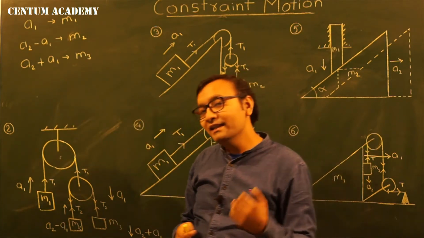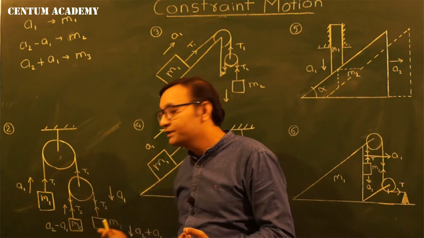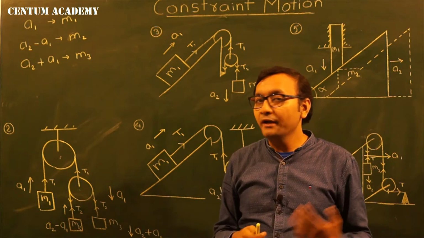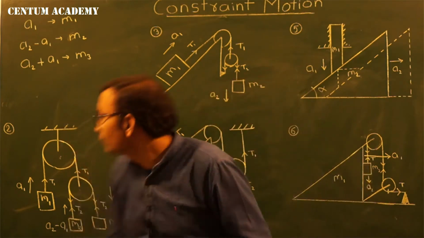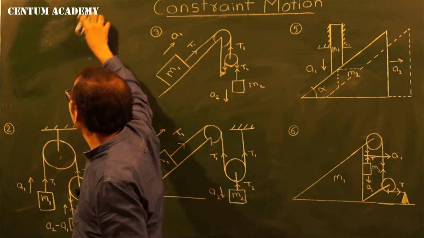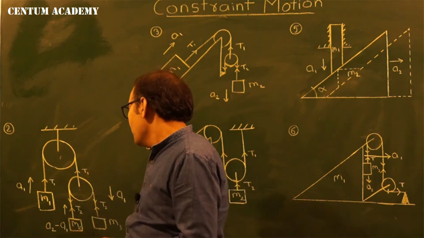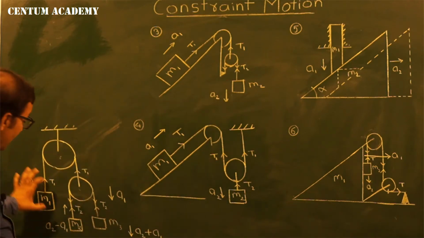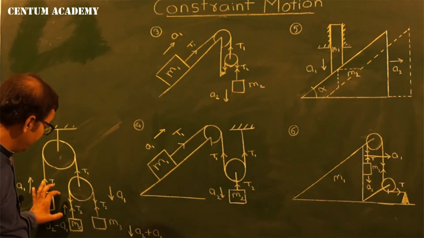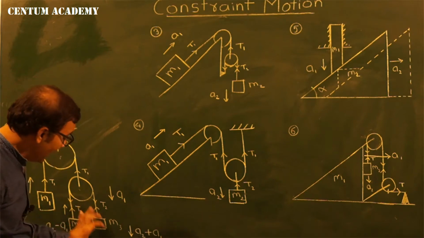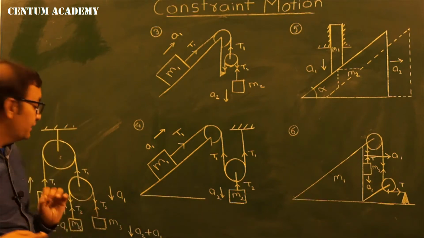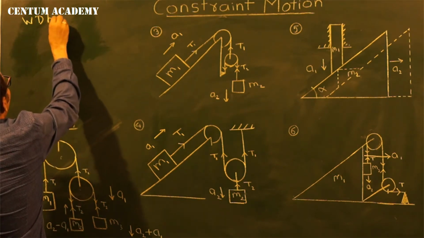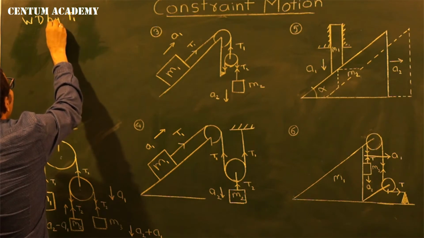Right? Now let us see how we can get this constraint equation using the work done by tension force. Okay? So suppose M1 moves up by x1, M2 goes down by x2 and M3 goes down by x3. Then the work done by T1 is how much?